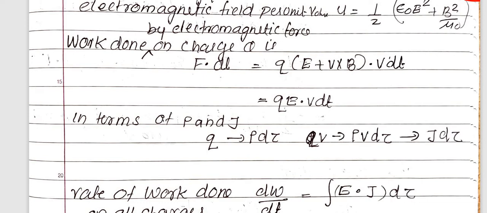This is nothing but J d tau, the volume current density times the volume d tau. Rho is the charge density and v is its velocity, so rho v is nothing but the volume current density. So rho v d tau can be written as J d tau. We are going to substitute this J d tau in this equation instead of q v dt.